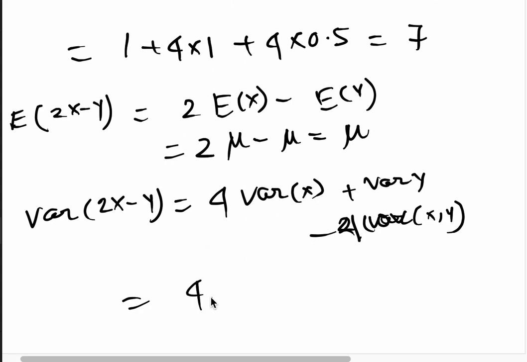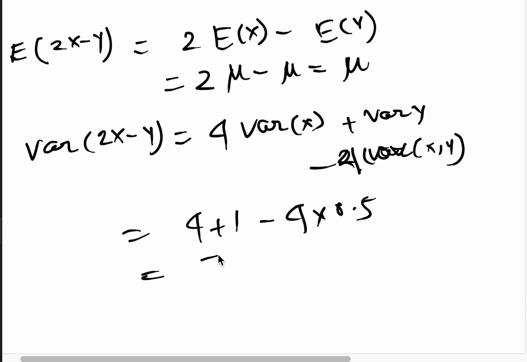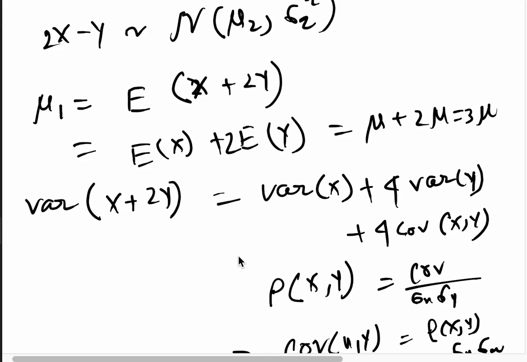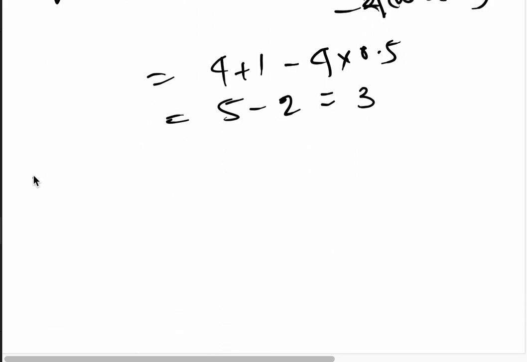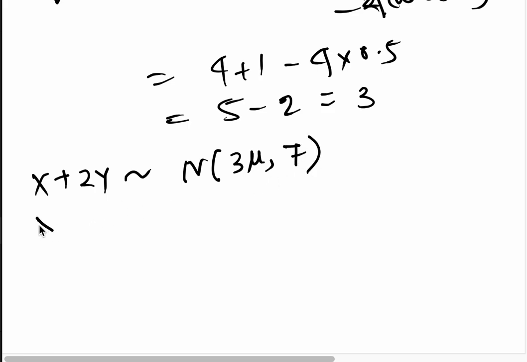So this is 4 plus 1 minus 4 into 0.5, so that is 5 minus 2, that is 3. Then the distribution of X plus 2Y is a normal distribution with mean 3 mu and variance 7, and the random variable 2X minus Y is also normally distributed with mean mu and variance 3.